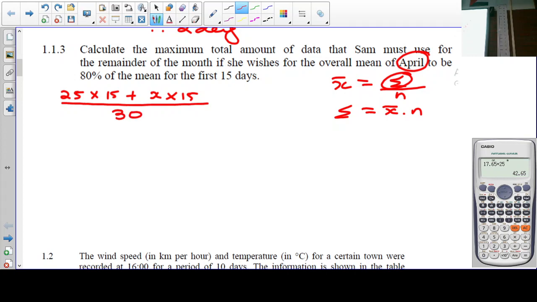But we are told that the mean must be 80%. So that's going to be 0.8 times 25. Okay. So from here it's a matter of solving for x. You see that? So I put that over 1 and cross multiply.